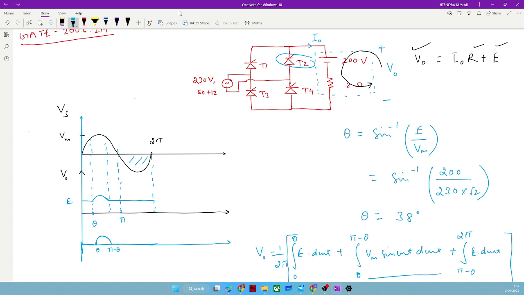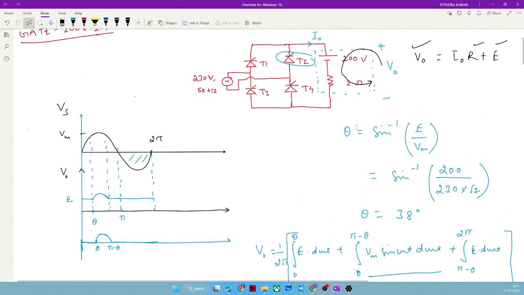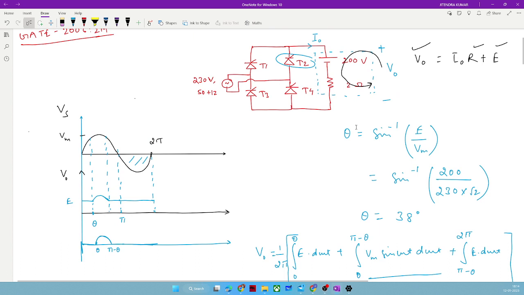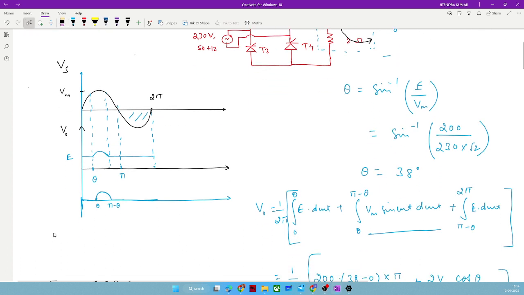So the conduction period of this circuit, the time it will conduct, will be pi minus theta divided by 2 pi, right? So you will get the value, or maybe you can divide it by omega, so you will get it in terms of seconds.